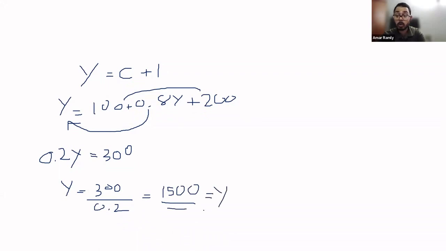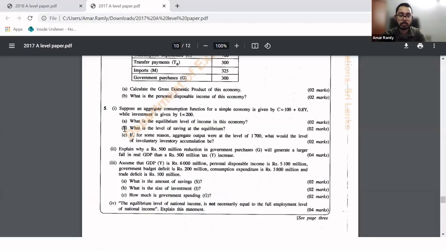So guys, I'll give you a hint. This is going to come in handy for your next question. With that in mind, let me know what you get for B: the level of saving at equilibrium.